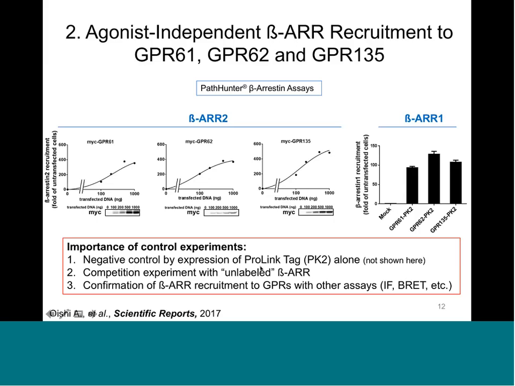First is negative control by expression of ProLink tag PK2 alone. Second is competition experiment with unlabeled beta-arrestin. And the third is confirmation of beta-arrestin recruitment to GPRs with other assays, such as immunofluorescence or BRET. We didn't show the first part today, since the negative control value is very, very small. So here we would like to introduce from the second example.